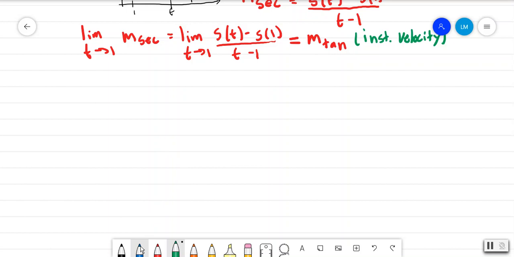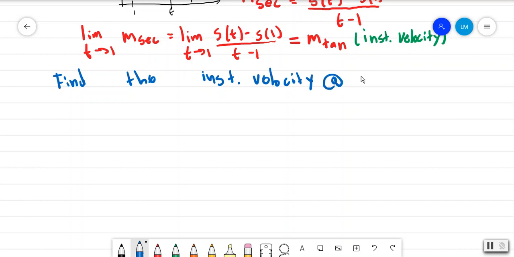Suppose that we want to continue this idea and find the instantaneous velocity at t equals 1.